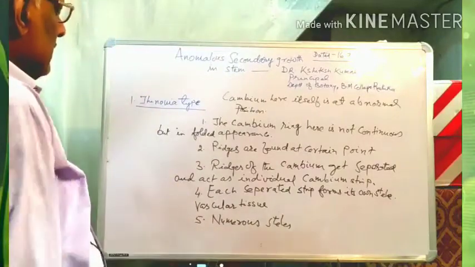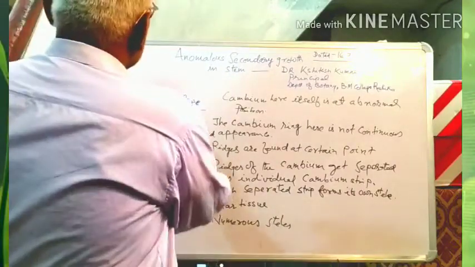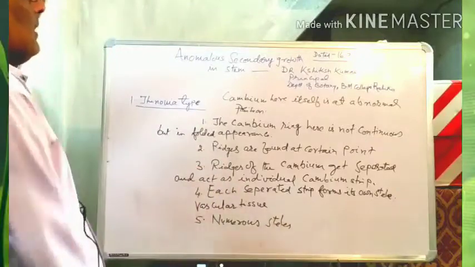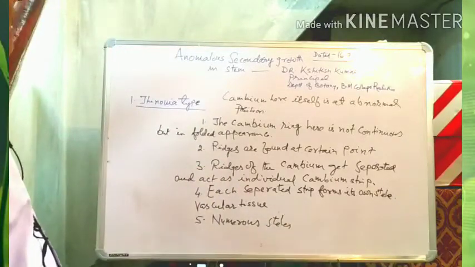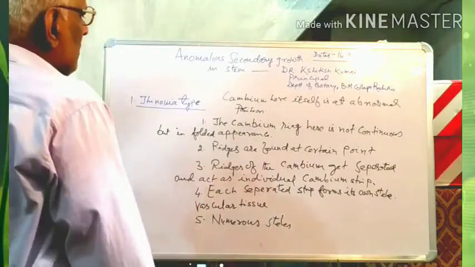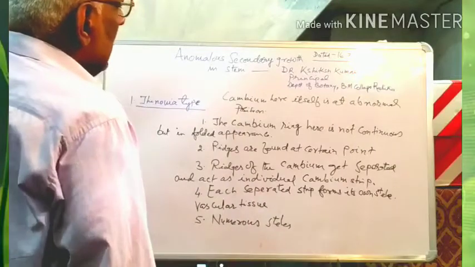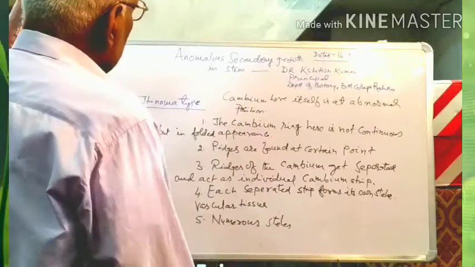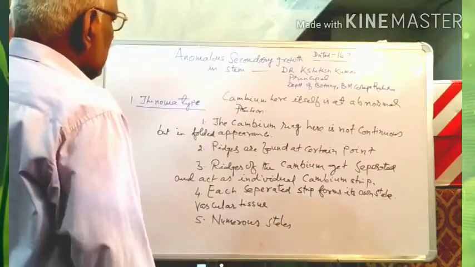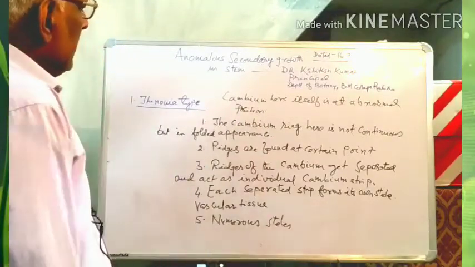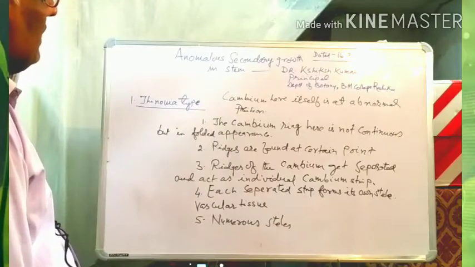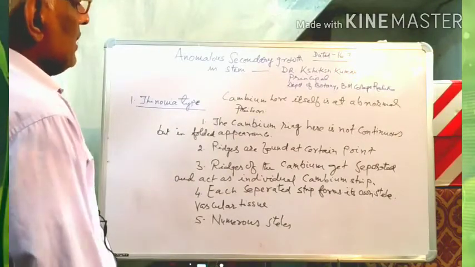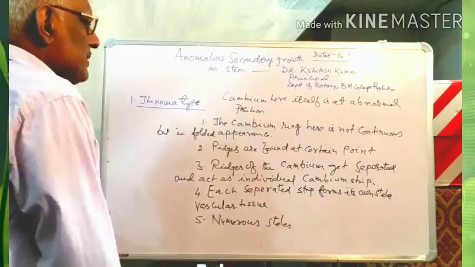So in Thionia, the cambium itself is at abnormal position, the cambium ring is not continuous but in folded appearance, and ridges are found at certain points.